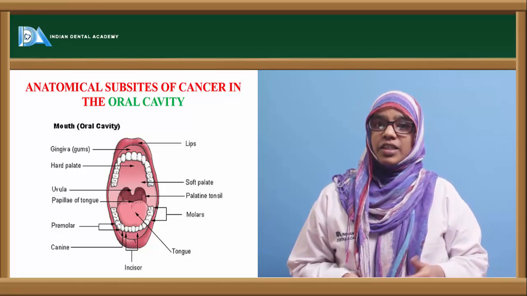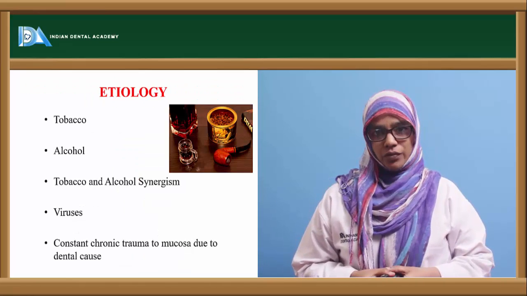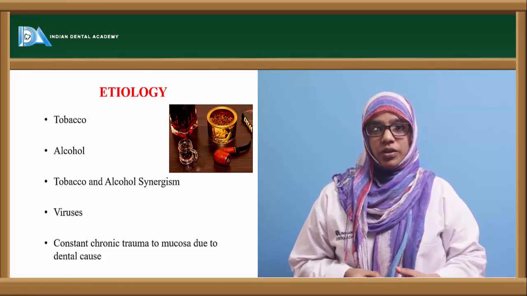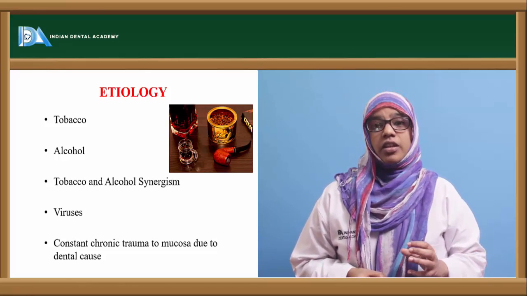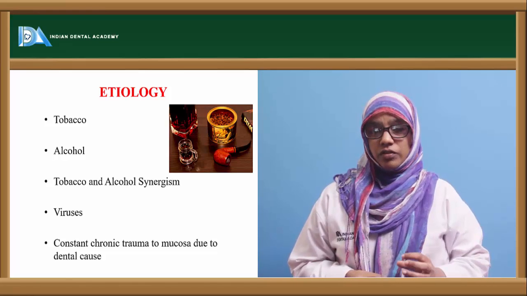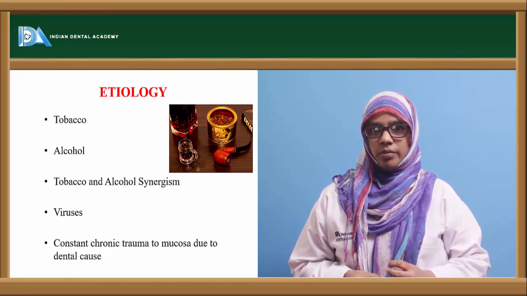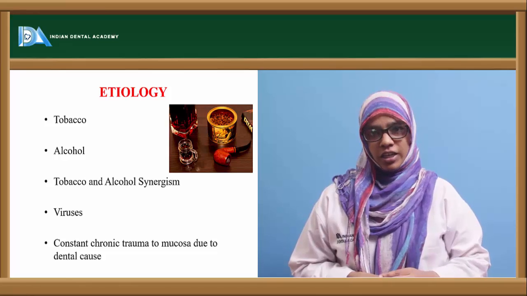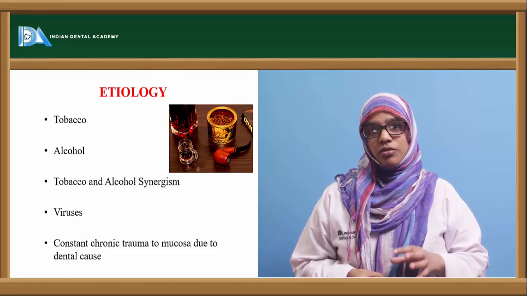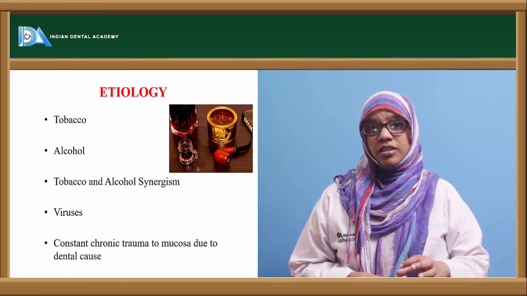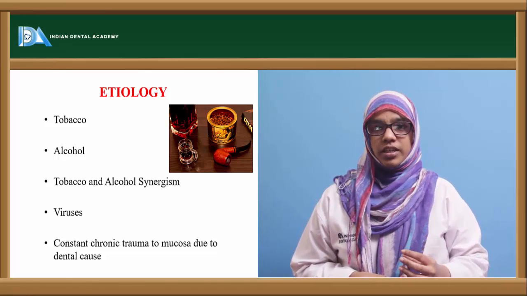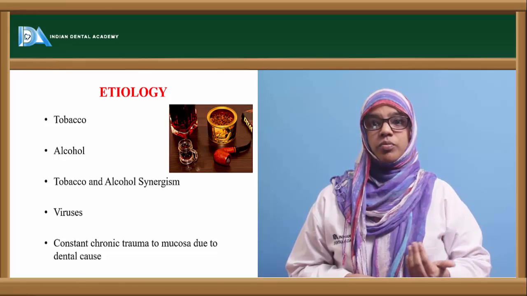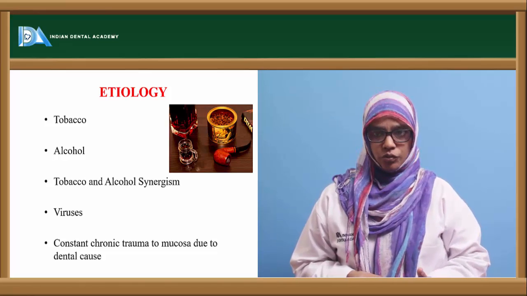Now, with this, let's move on to the etiological factors of oral cancer. To begin with, tobacco, the most common etiological factor. The nitrosamine that is released, which is a byproduct of nicotine in tobacco, is the main carcinogenic agent. This carcinogenic agent alters the DNA repair of the cell, wherein abnormal DNA can cause multiple growths and result in a tumor.